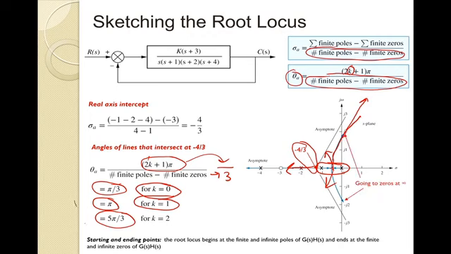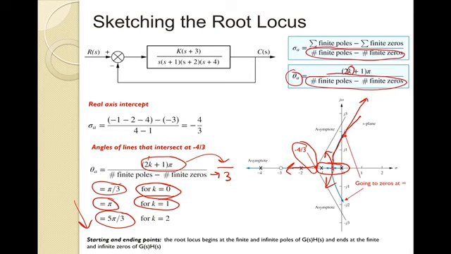So the root locus begins at the finite and infinite poles. For example, 0 and -1, at very low values of k, that's where they're starting. Then as we increase k, they come together, meet, and then go off axis, but those asymptotes are guiding them away, so they're not going to go straight up.